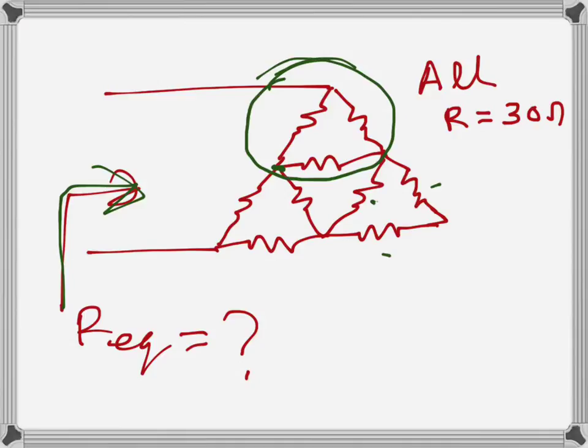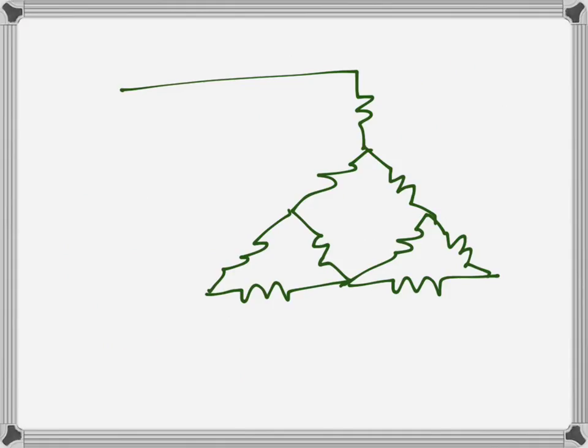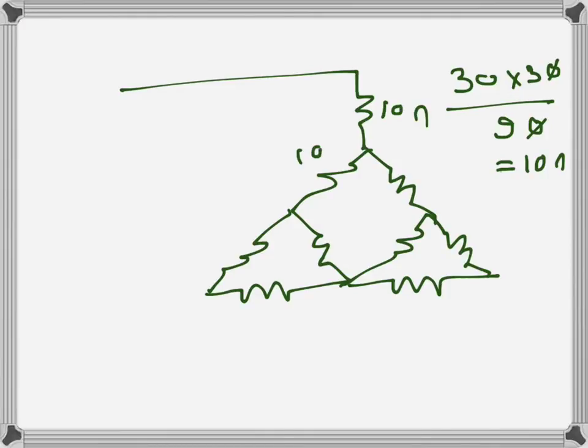All of them were 30 ohms here, so the equivalent will be 30 times 30 divided by 30 plus 30 plus 30, so that is 90. So it becomes 3 here, so that is 10 ohms. All of them will be 10 because it's the same. So 10 ohms here, 10 ohms and 10 ohms.